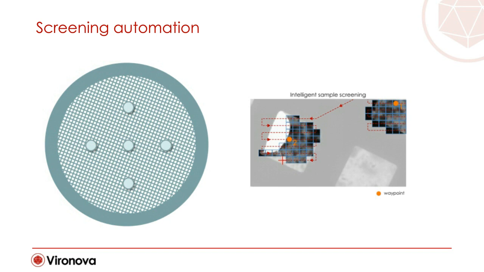The system then screens these areas automatically using the inbuilt operational automations. Each waypoint will be visited and each area will be imaged in a structured way. This would take a few hours if done manually, which for an experienced expert would not be an attractive task.